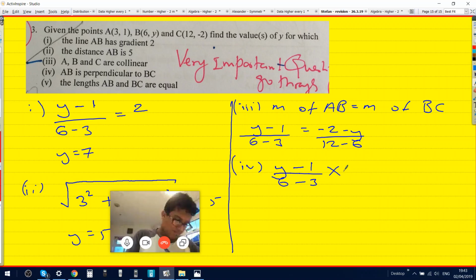Oh, sure. So minus 2 minus y over 12 minus 6. Yeah, and then the last one is just the Pythagoras, making those equal.